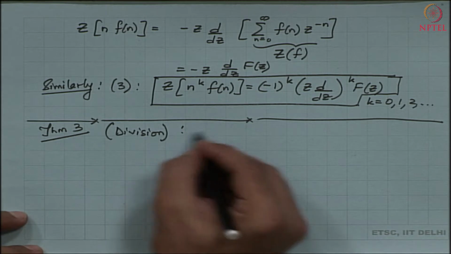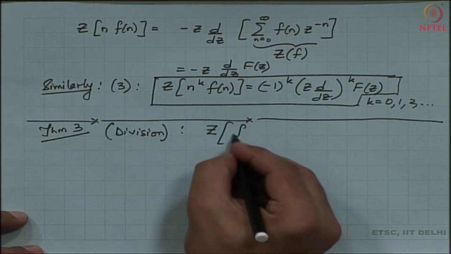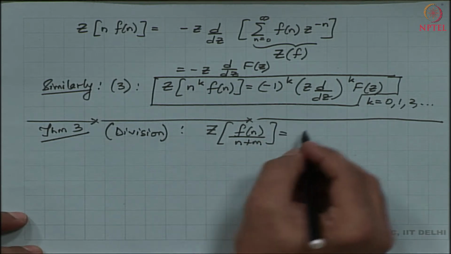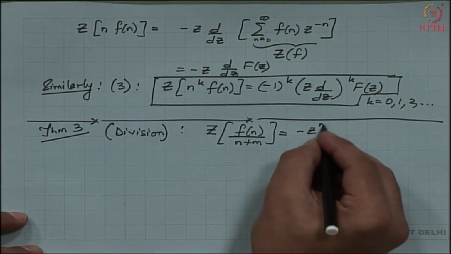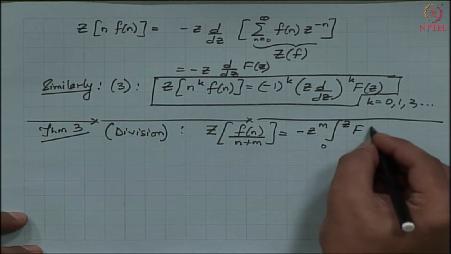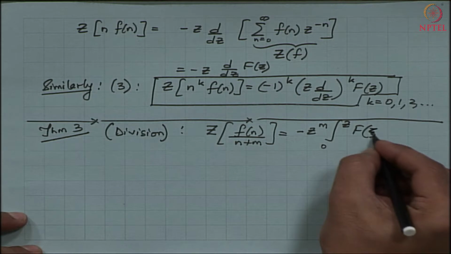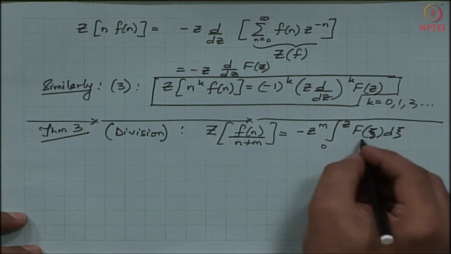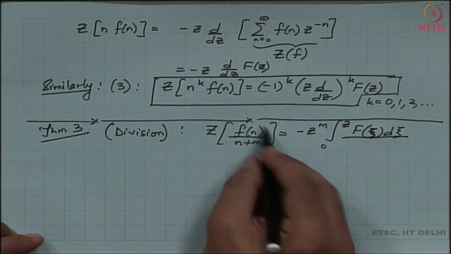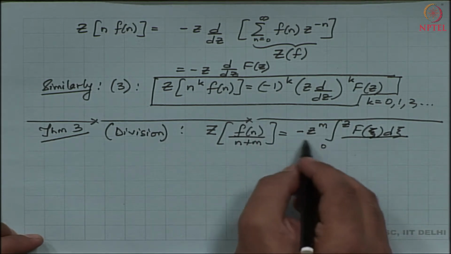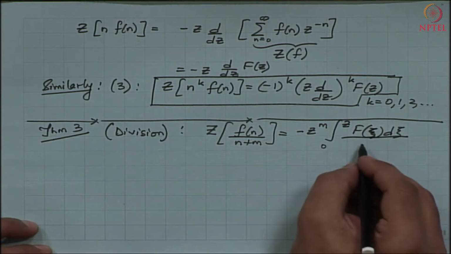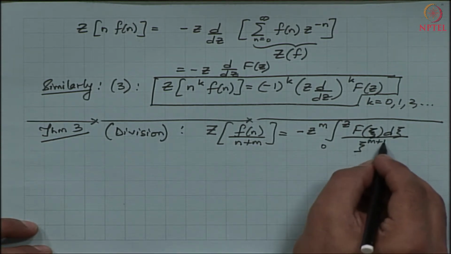It tells me that the z transform of f of n by n plus m is given to be negative z to the power m integral from 0 to z f of zeta d zeta. So, the result shows that the z transform of this argument is negative z to the power m times the integral of the z transform divided by zeta to the power m plus 1.